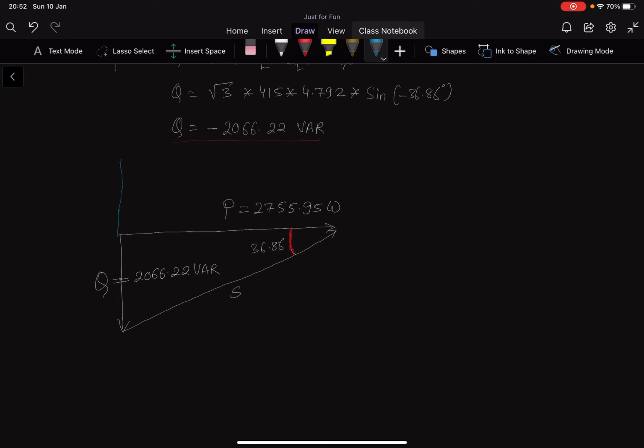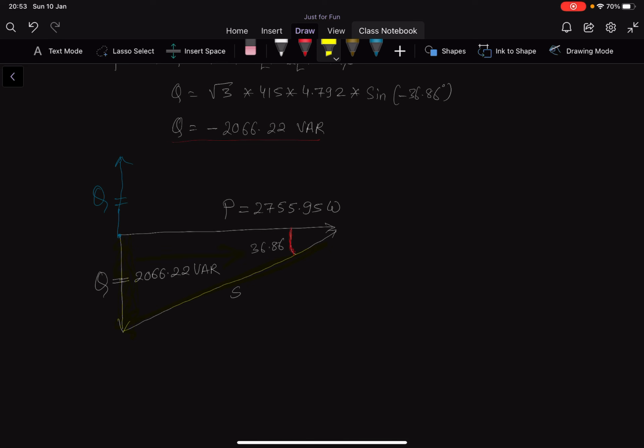If this is negative, then we need a positive value of that, which is going to provide the same reactive power. Because if you look at this triangle here, all this reactive power is what is making the angle.